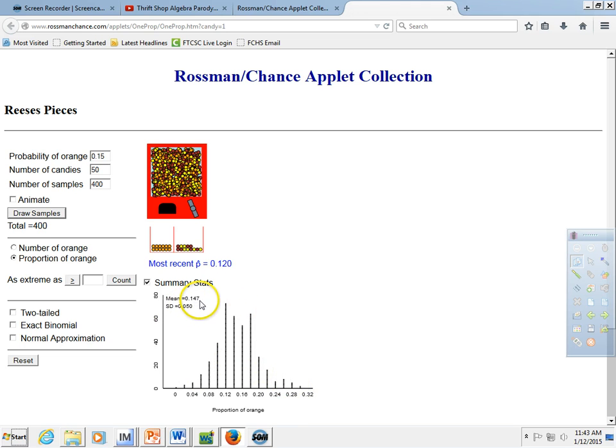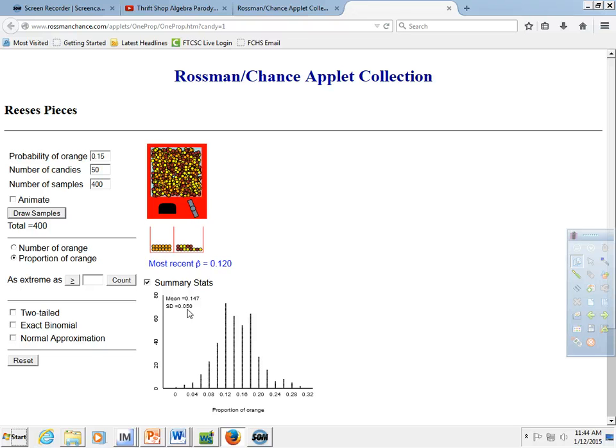The center has now changed to 0.15, okay? Because it's an unbiased estimator. Our spread is 0.05, okay? So it's a little bit different as well. So our spread must be affected by the population parameter as well, because the spread's not 0.07 anymore or 0.09, which is what it was in our previous two examples.